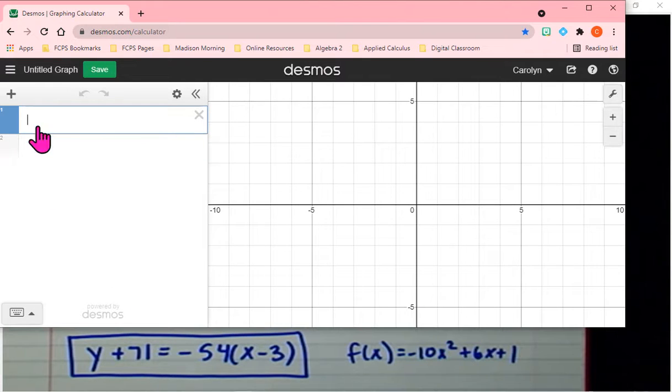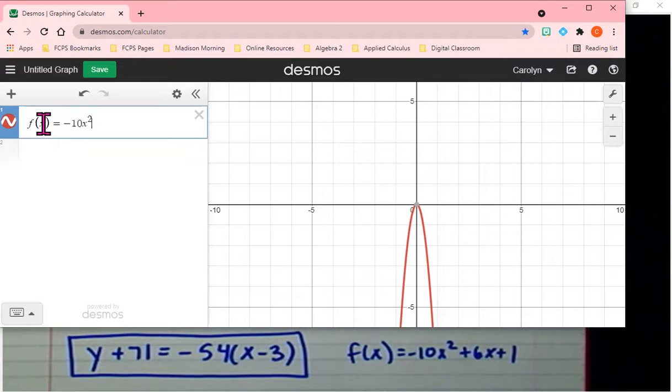So I'm going to start with the function f of x equals minus 10x squared plus 6x plus 1. You can change the viewing window any way you want. Now notice that this point is really low.